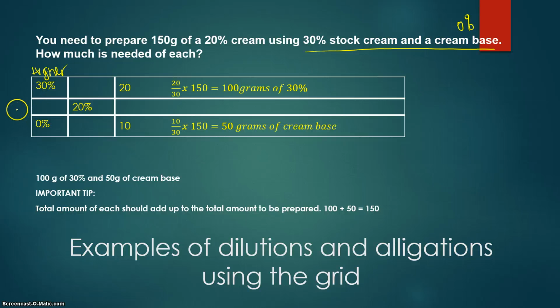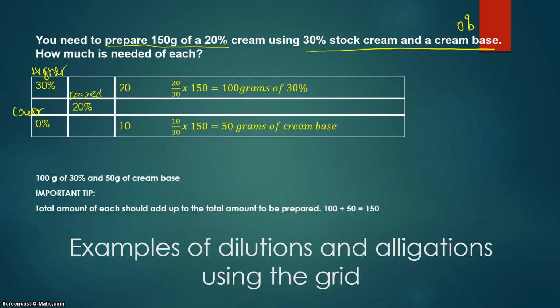And in the lower left hand, you have the lower percentage, which is 0%. That's the cream base. And in the center, you have the desired amount. That's what you want to make. So you need to prepare 150 grams of a 20% cream. So your desired is 20%.